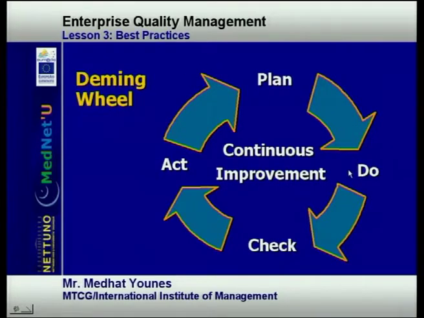The second management framework is the Deming wheel. Deming wheel is a quality wheel that consists of 4 phases: plan, do, check, and act. At the center of the wheel is continuous improvement.